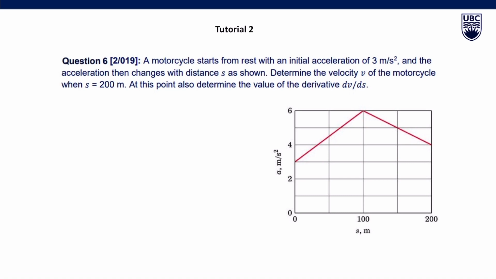Instead, we'll look at the area under the acceleration distance curve. So this is acceleration distance, and we need to look at this area under this curve, right? So let me brush it for you.